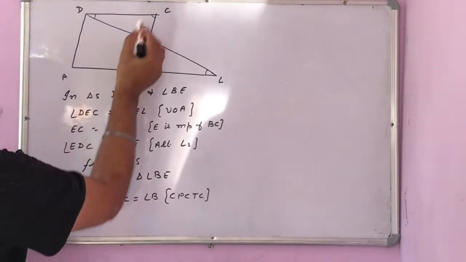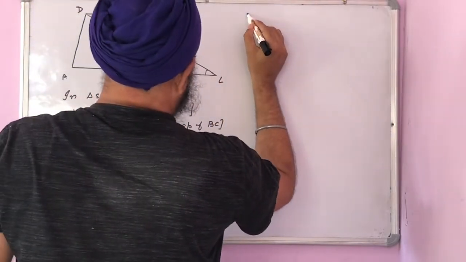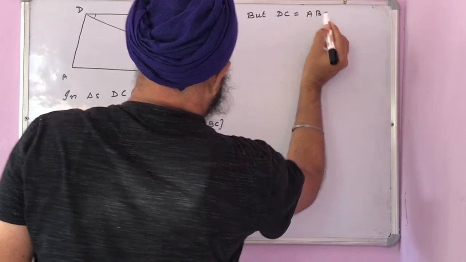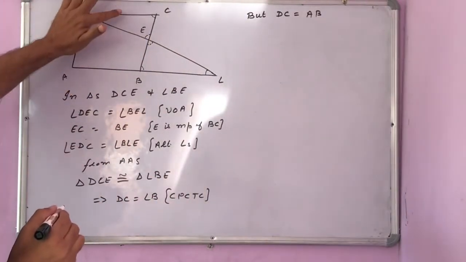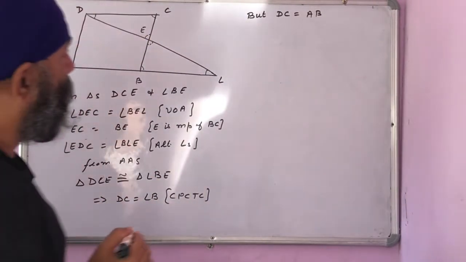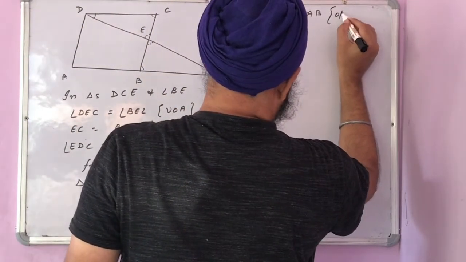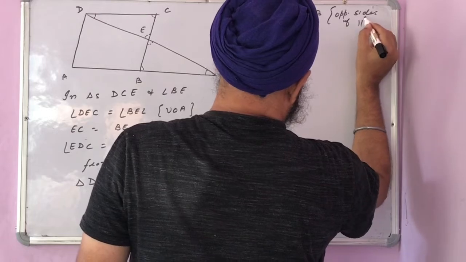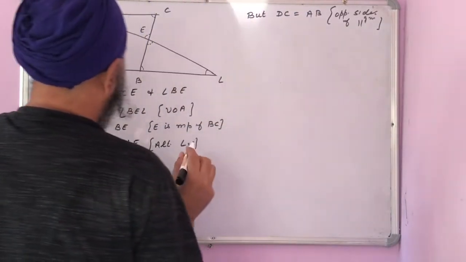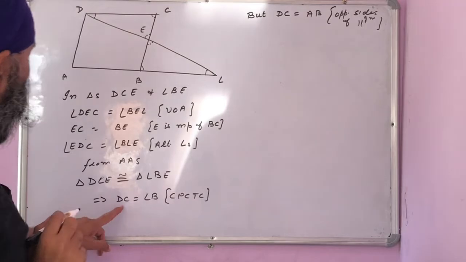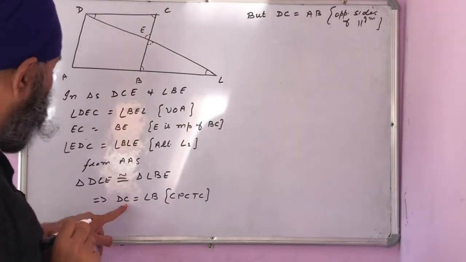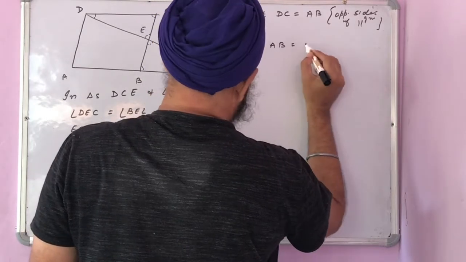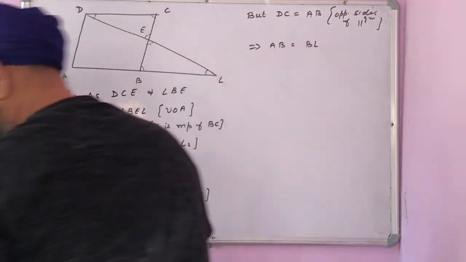Now DC is equal to AB, because DC and AB are equal as opposite sides of parallelogram. So it implies that in place of DC I can write AB. So AB is equal to BL.